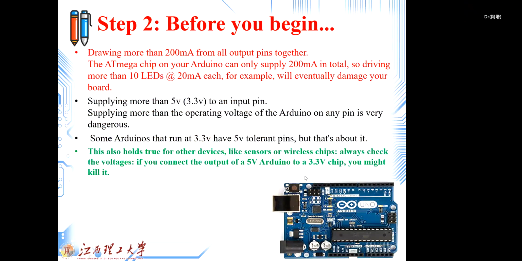Something that you should remember is that if you give more than 5 volts or 3.3 volts to the input pins of Arduino, it will kill your board. And even for the jack that we have here, my experience says that a voltage of more than 9, around 9.5, will kill the Arduino board.